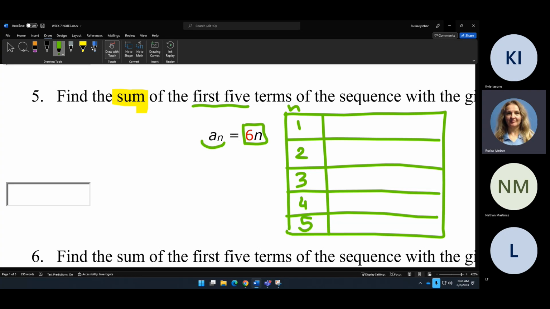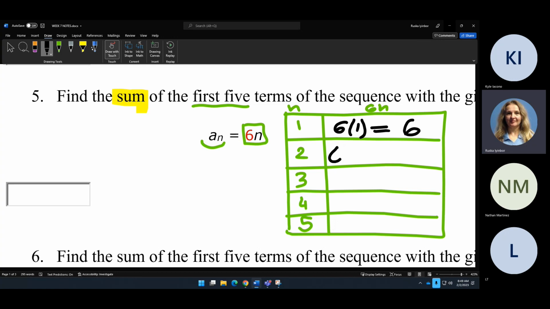Okay, so now when n is from 1 to 5, this is the formula. The formula is 6n, right? So you replace n with 1, 2, 3, all the way to 5. So when n is 1, we have 6 times 1 equals 6.